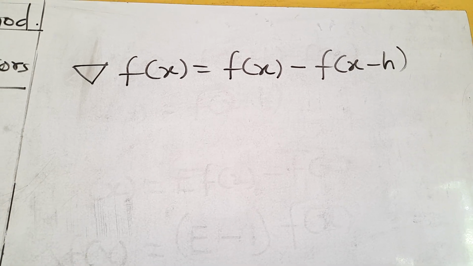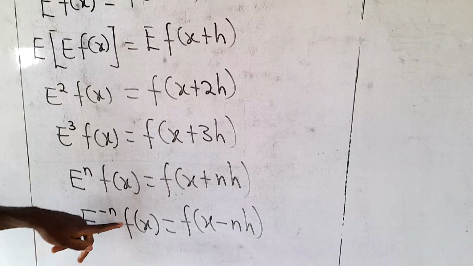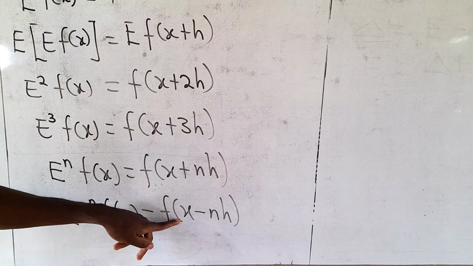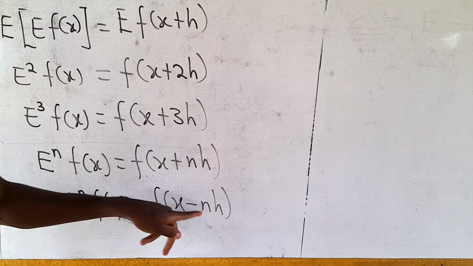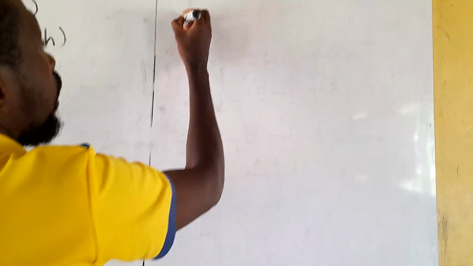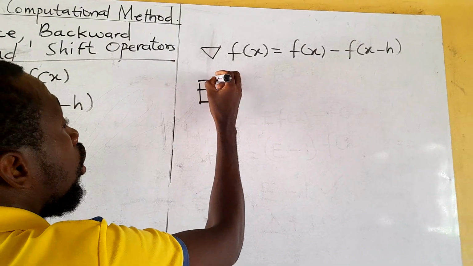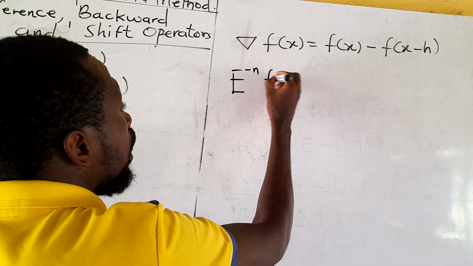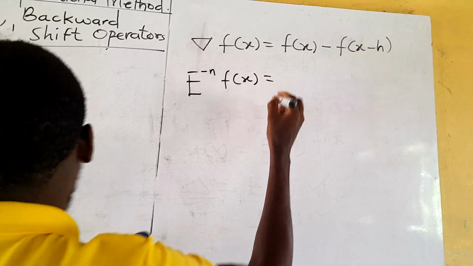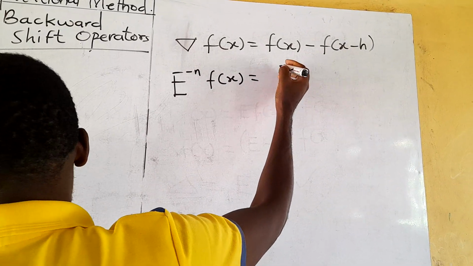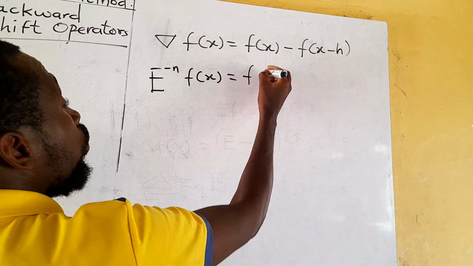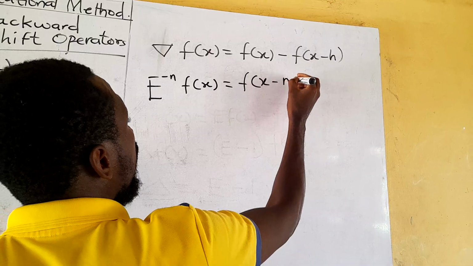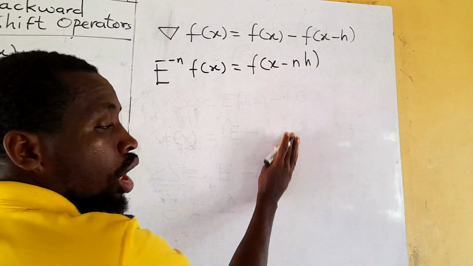Remember we said that the shift operator exponent negative n of a function, you and I developed that, will be equal to f of x minus nh. I hope you get that.